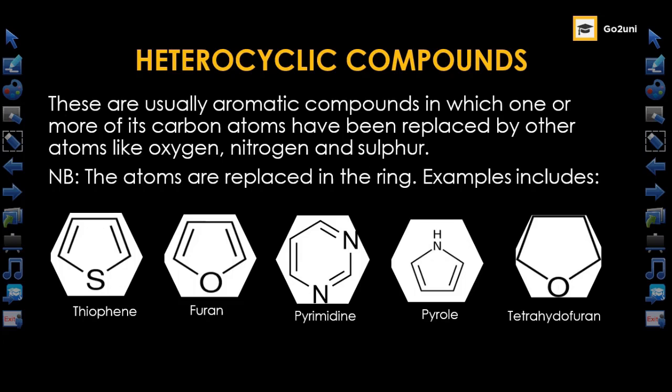And in pyrimidine, 2 nitrogen atoms replaced 2 carbon atoms at different points in the structure. Similarly, in pyrrole, the amine group NH replaced the carbon atom that was initially there. So these are examples of what we refer to as heterocyclic compounds.